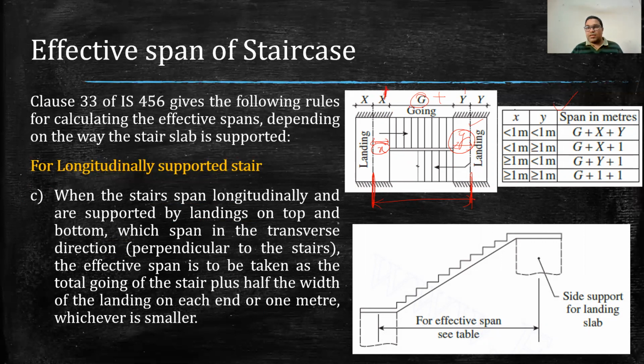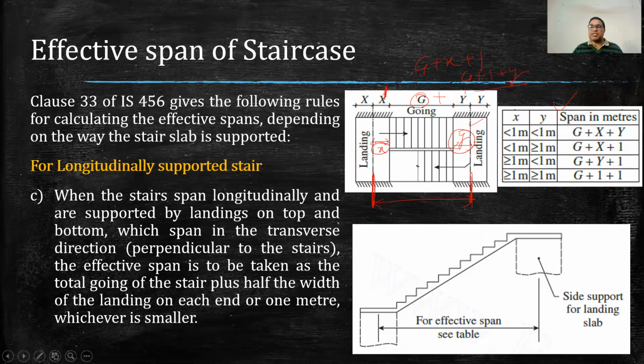Similarly, if X is less than 1 and Y is more than 1, we will take G plus X plus 1. If X is more than 1 and Y is less than 1, it will become G plus 1 plus Y.